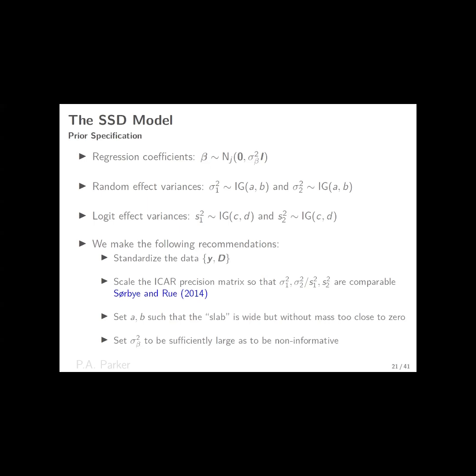And then we recommend setting A and B in a way such that the slab is wide but without too much mass close to 0, so that we're not conflating the spike component and the slab component. We found for standardized data that I think inverse gamma 5, 5 worked well. And then lastly, we just set sigma squared beta to be large, non-informative.